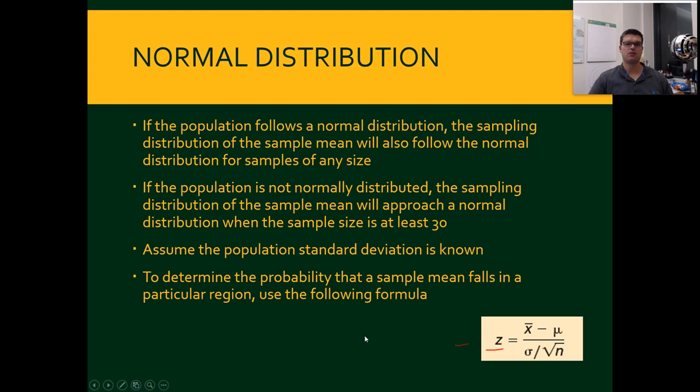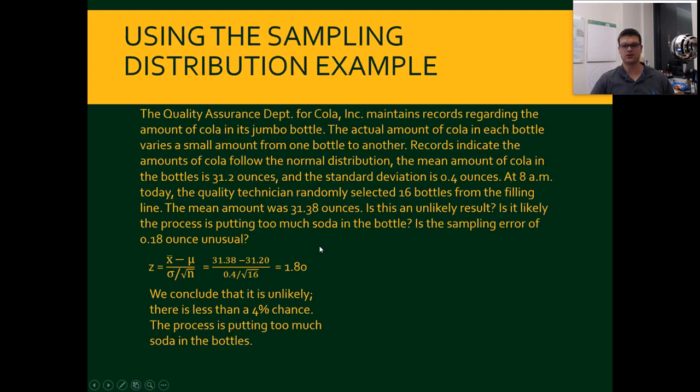Okay, moving on, I'm going to show you how to use this. Say, for instance, that we are at a cola plant. Let's just say a Dr Pepper plant, because we're at Baylor and everyone loves Dr Pepper at Baylor. For some odd reason they have bottles that are 31.2 ounces.